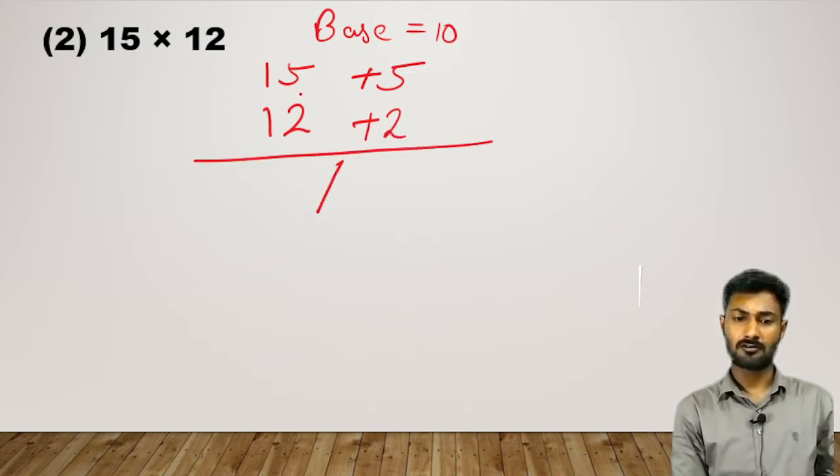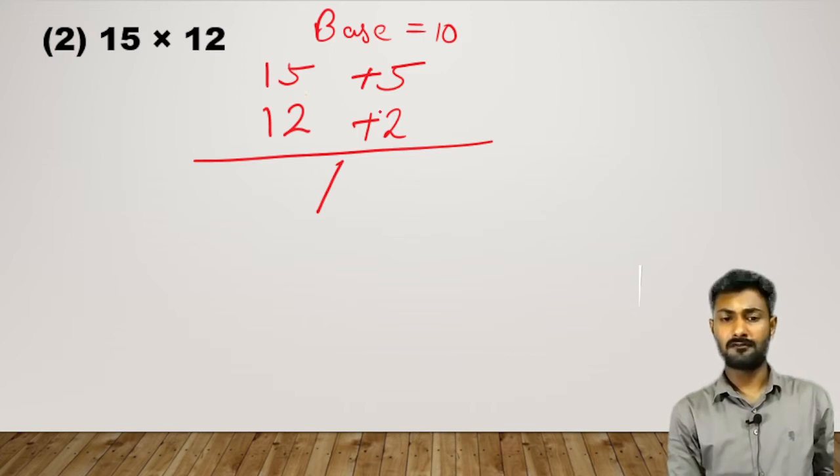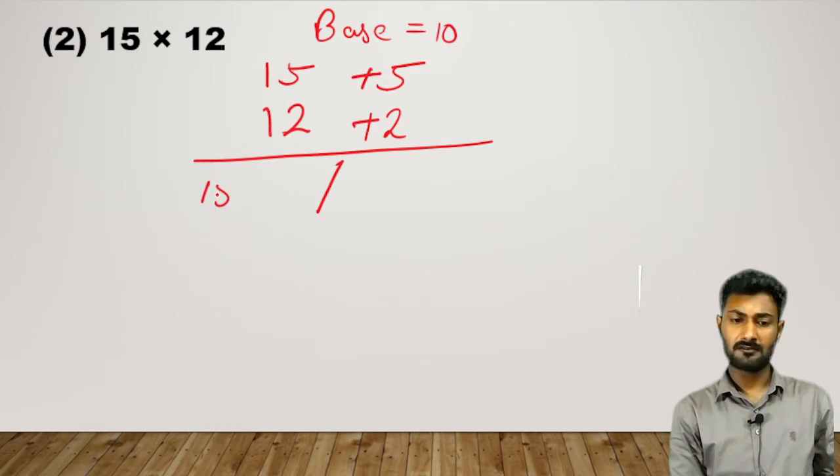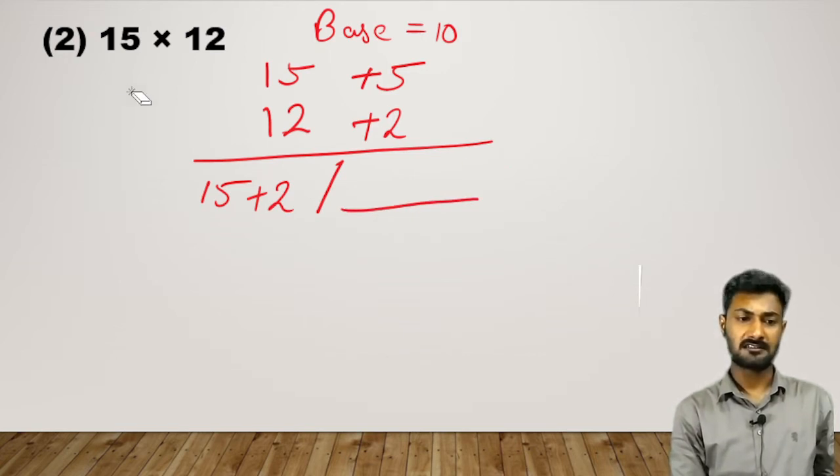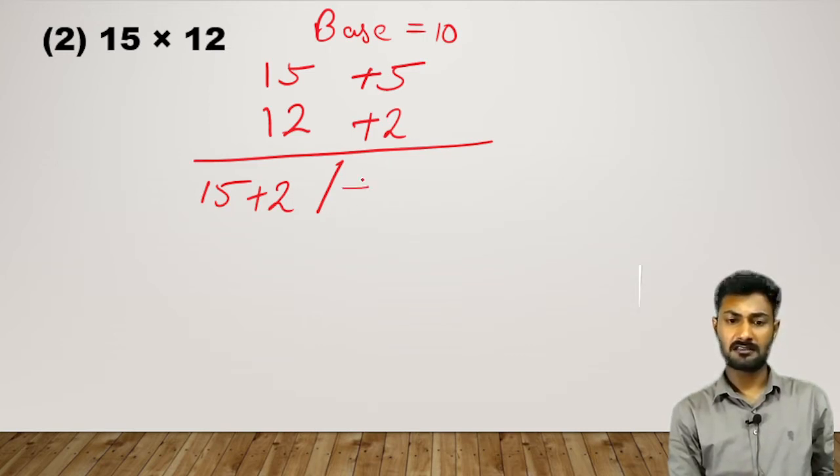Now cross solve: 15 plus 2, or 12 plus 5. We get the same 17, and in this part we multiply the deviations. Now plus 5 multiplied by plus 2.